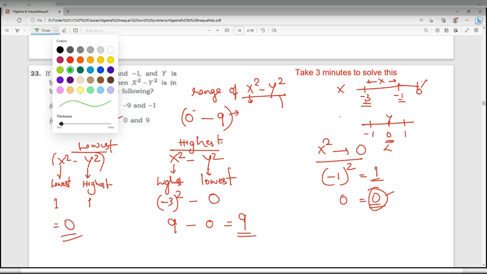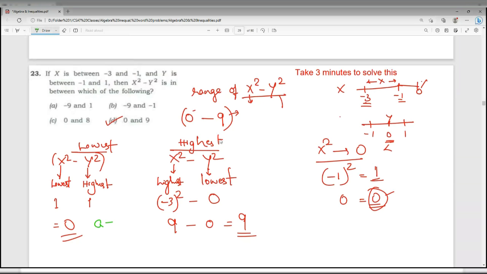For example, if there is any expression a minus b, and you want to calculate the lowest value of this, you have to subtract the highest. a has to be the lowest and b has to be the highest. If a plus b has to be the lowest, both numbers have to be lowest.